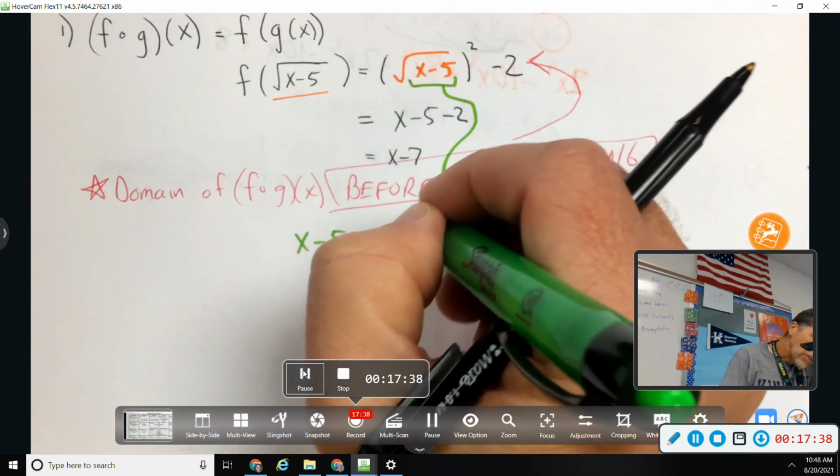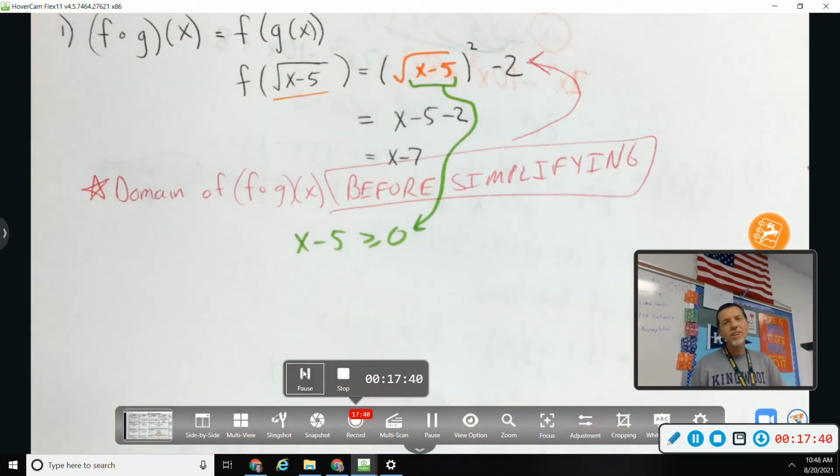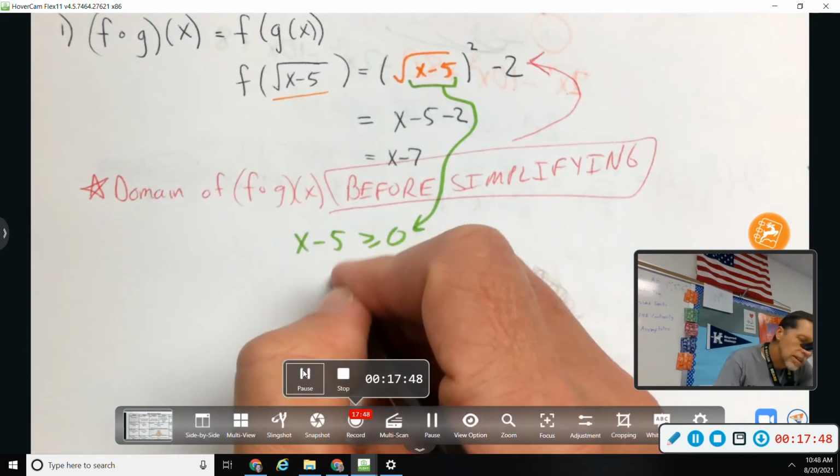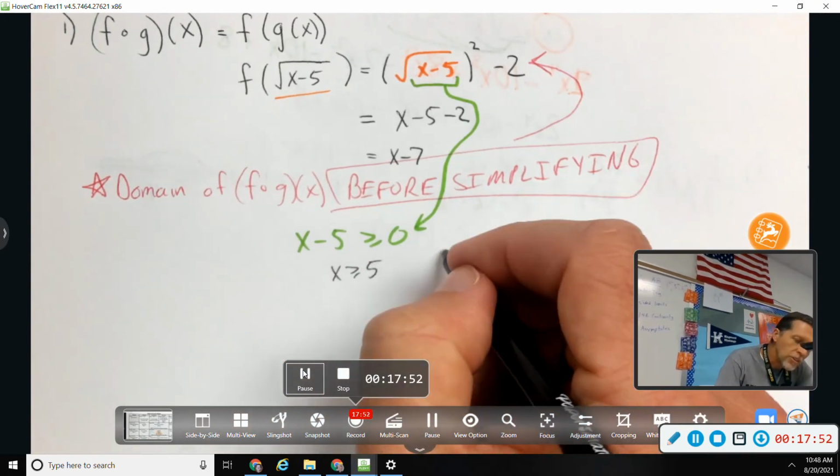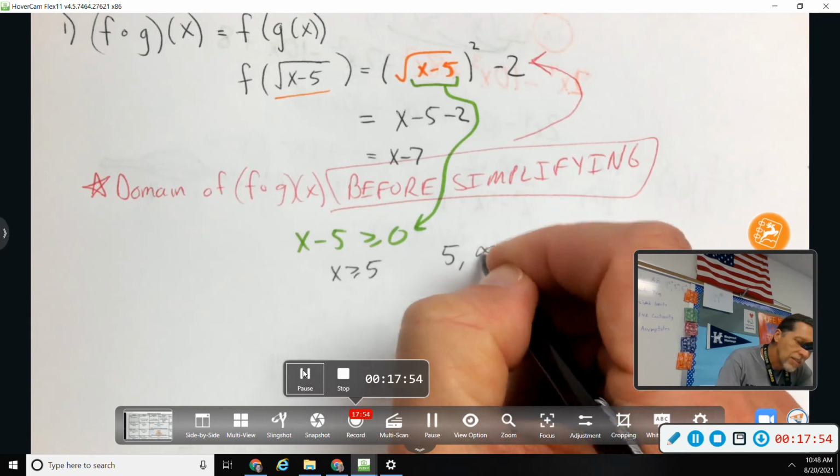So for domain of composite functions, you got to check on the domain before you do any simplifying. So x greater than or equal to 5. Probably don't need to draw a number line for that one. 5 to infinity.